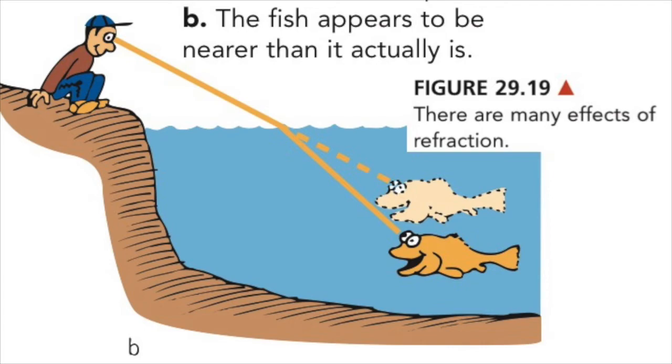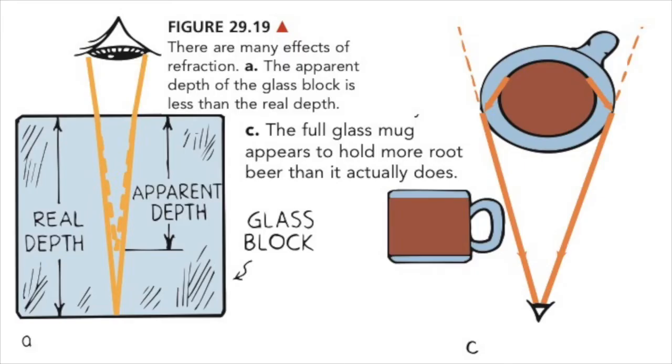It also seems closer. Another illusion is shown in figure 29.19c. The light from the root beer is refracted through the sides of the thick glass, making the glass appear thinner than it is.